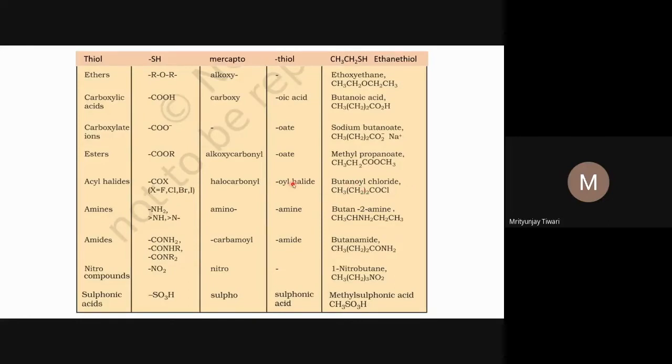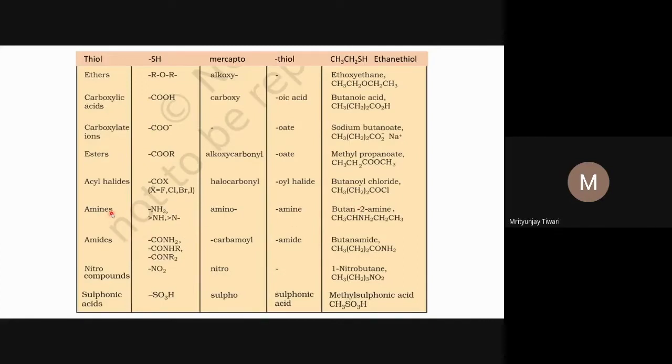So you see there is a gap between oyl and halide: butanoyl chloride. Here also there is a gap between these two, as in methyl propanoate, sodium butanoate, butanoic acid. In other cases we have not seen any gap, any space between two words. Here also there is no space, although it appears as a space in this case.